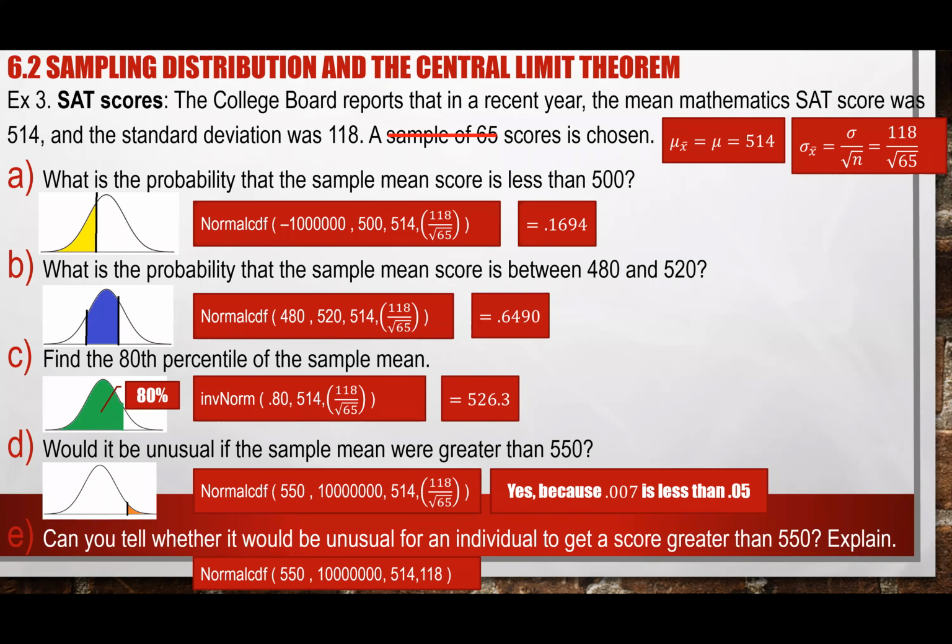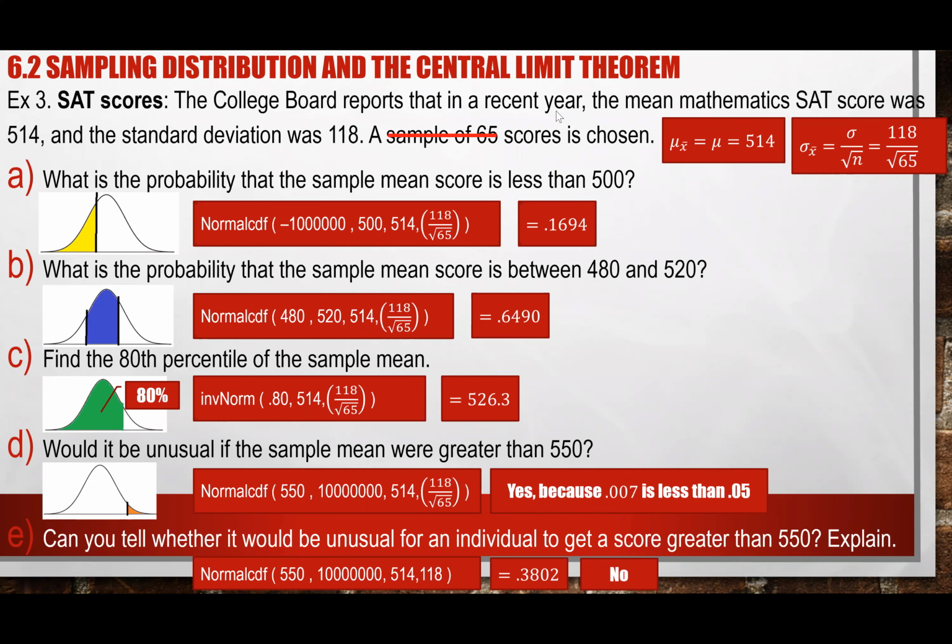Would it be unusual? Because we don't care about the sample that we took out. We only care about the population, and that is where 6.1 is. That's why we're using the 118, because we are not dealing with the sample. In this case, the result will be 0.3802, and you know that this is not unusual because it's bigger than 0.05.